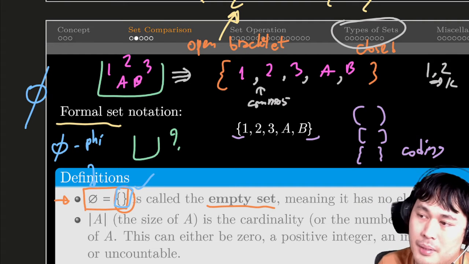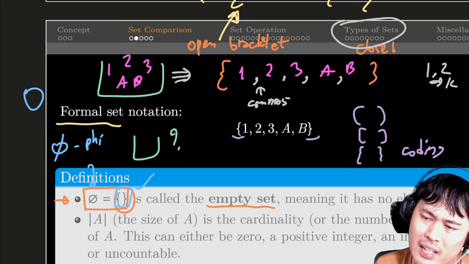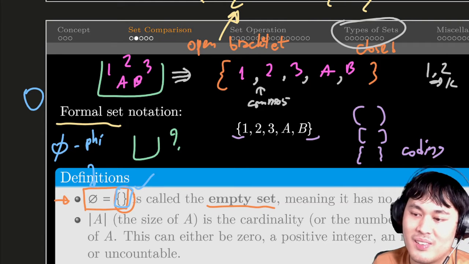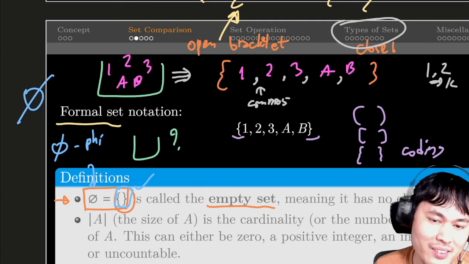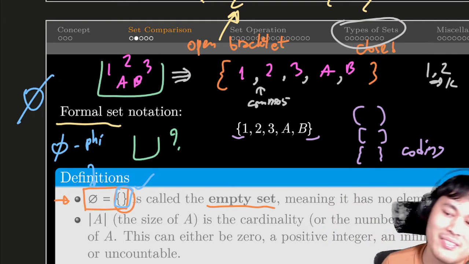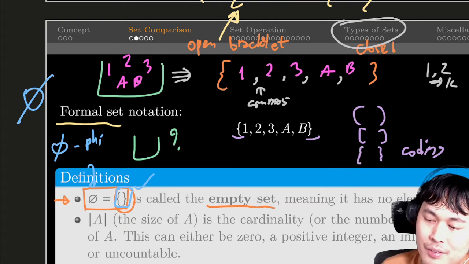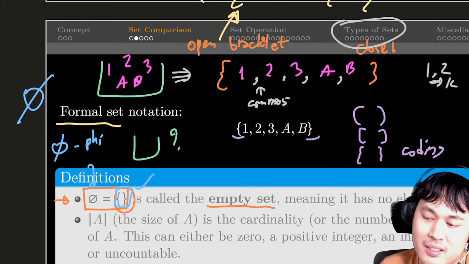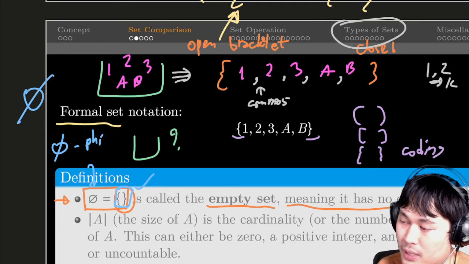That represents an empty set, which is kind of a number 0. You can think of it as a box, but it has nothing. It's empty, so you cross it out. That's kind of a random reason why we use this phi letter to represent an empty set. So an empty set means it has no element, it has nothing in it.